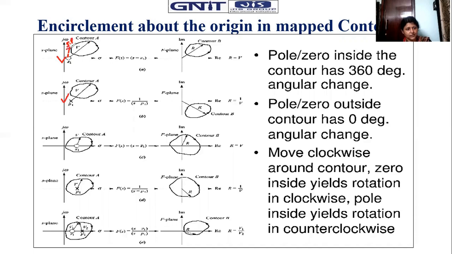Then we are moving to the next point, and in this way we keep moving. Ultimately, what will happen? It finally moves back to the starting point. While we are plotting, the mapping is done. We started over there and we are going this way, like this.